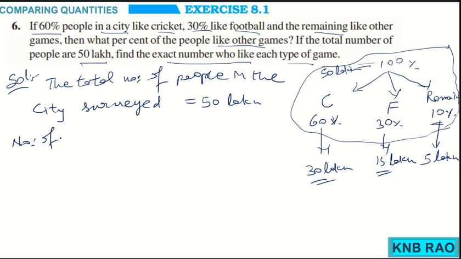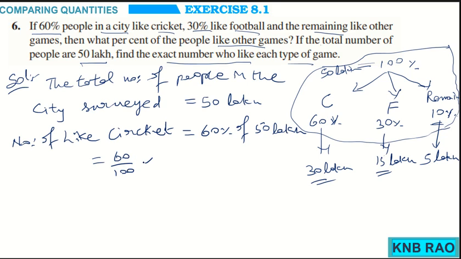Next, the number of people who like cricket is 60% of 50 lakh, which is nothing but 60 by 100 into 50 lakh. Now the 0 and 0 get cancelled, 6 5s are 30, 30 lakh.